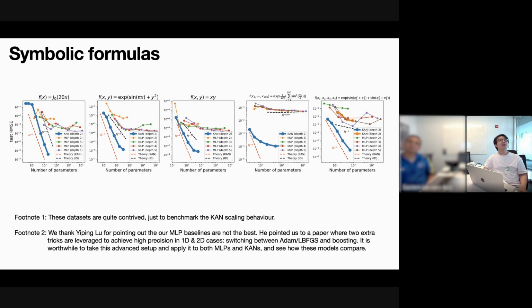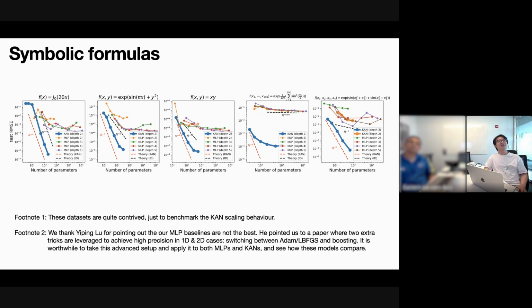So here are some examples to show that the previous theory is correct, at least for some symbolic formulas. Here we demonstrate five examples, and for each case the CAN model is represented by this thick blue line.